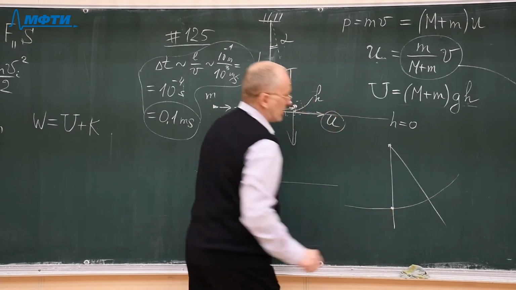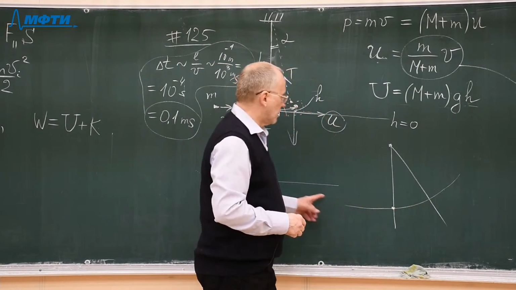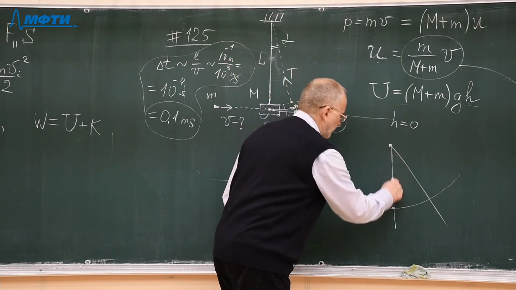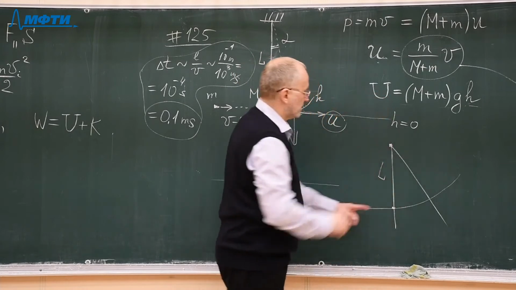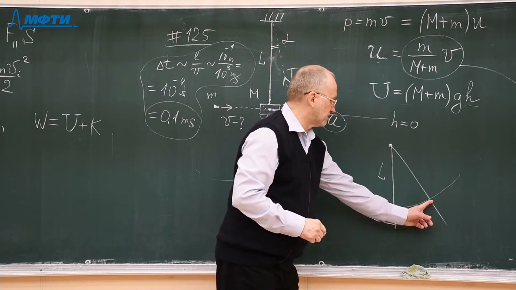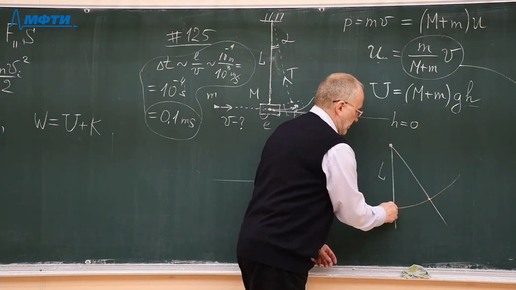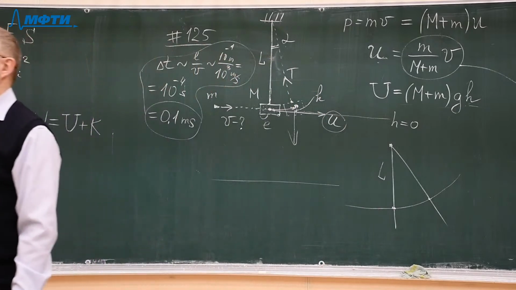So the center of mass of the box goes along the circular trajectory because the string is unstretchable. The length of the string remains unchanged as the box moves here. Is it always true? No. There are no absolutely unstretchable materials.